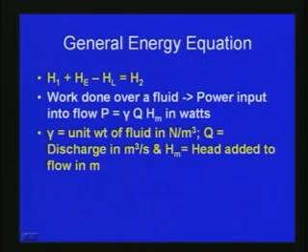So finally, the general energy equation we can write as H1 plus HE minus HL is equal to H2. The work done on a fluid is the power input, which is power into flow, that is, P is equal to gamma Q HM in watts, where gamma is the unit weight of fluid, Q is the discharge in meter cube per second, and HM is the head added to the flow in meters.